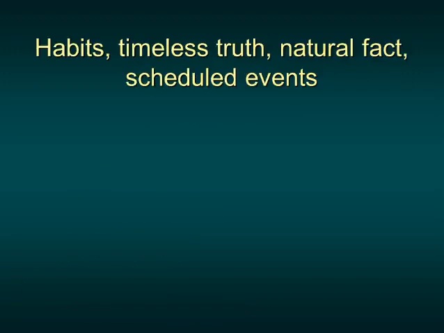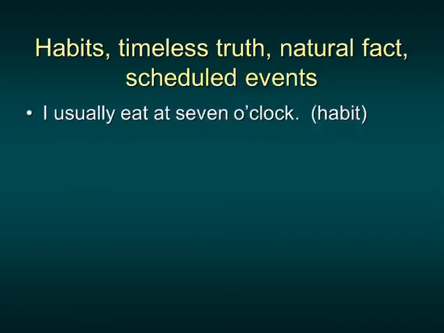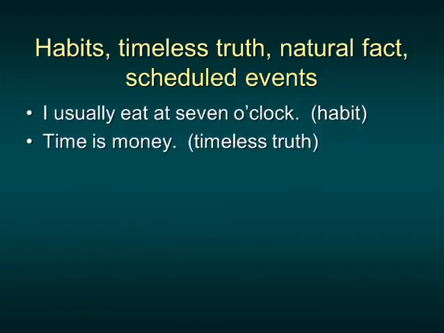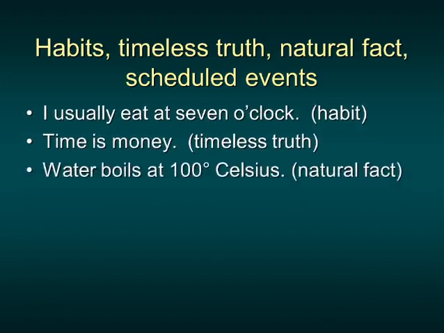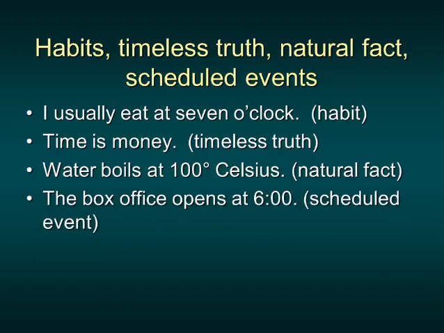We are just going to define what it is. I usually eat at 7 o'clock, it's a habit. Time is money, timeless truth. Water boils at 100 degrees Celsius, natural fact. The box office opens at 6, scheduled event.